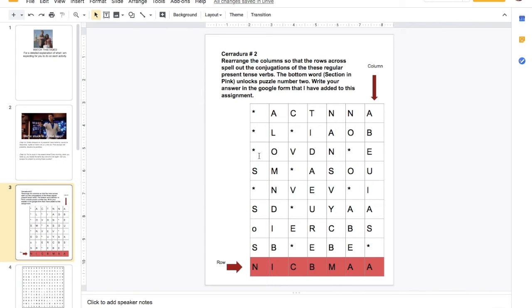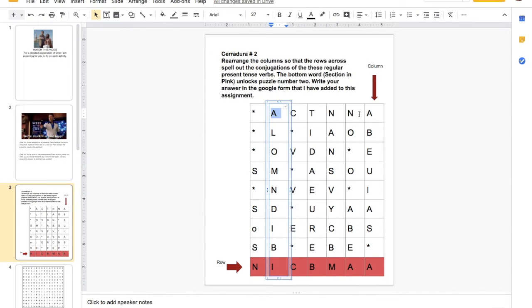Let's look at what this activity is going to require you to do. If you look at the whole grid, each section can be separated by column. These are your columns. Which means that in order to start this off, you're going to have to figure out what all of these words create. You're going to have to move them around.